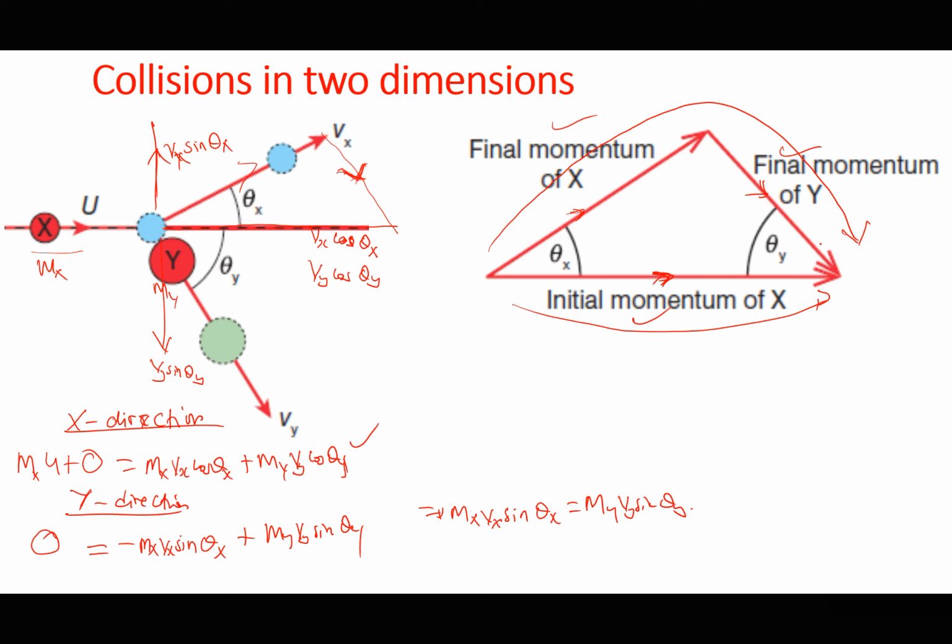The sum of x and y should be equal to the initial momentum of x, because initially it is only x which had momentum. So you should also be able to draw this kind of vector triangle for the three vectors. Okay, we shall come back to that when we do examples.